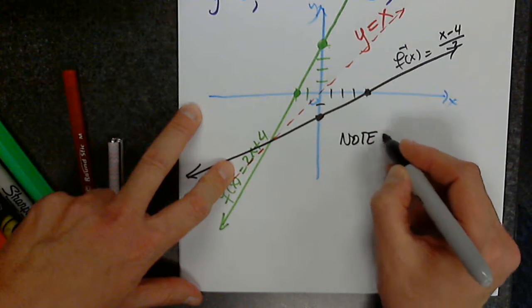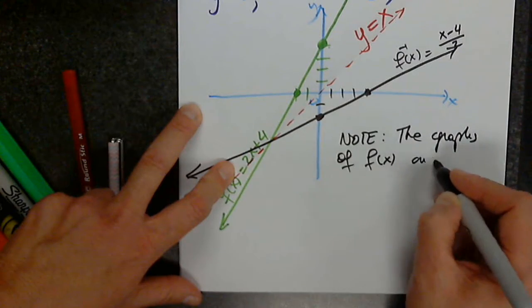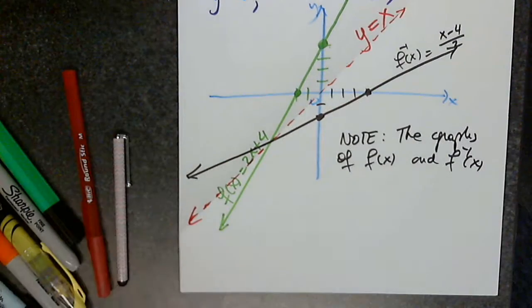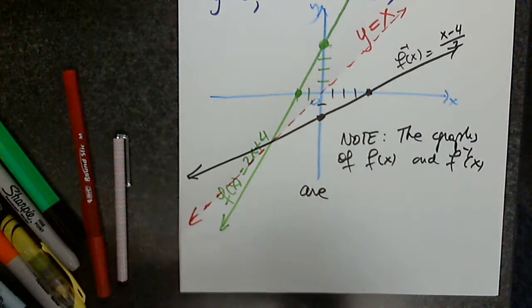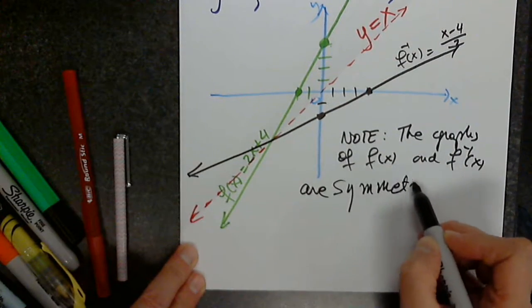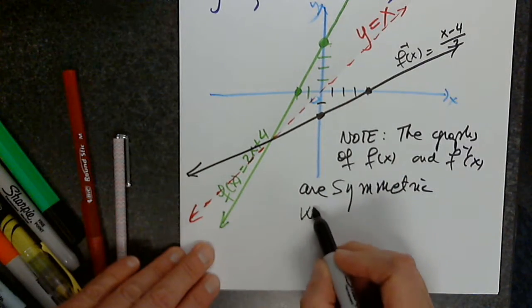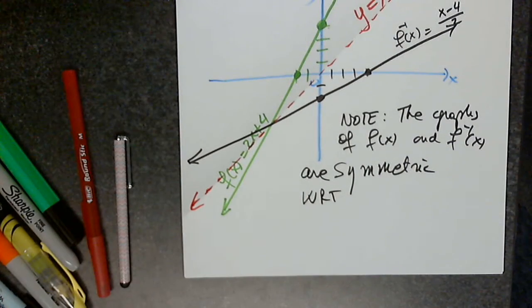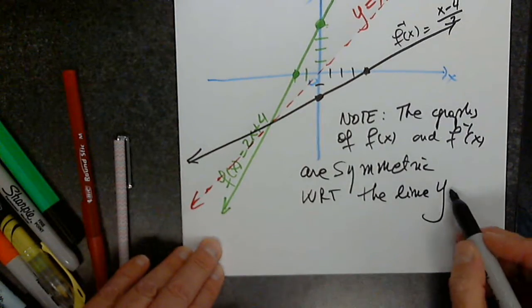So note, the graphs of f of x and f inverse for any function are what? Symmetric, or a reflection, if you want, with respect to, allow me to abbreviate WRT, with respect to the line y equals x.